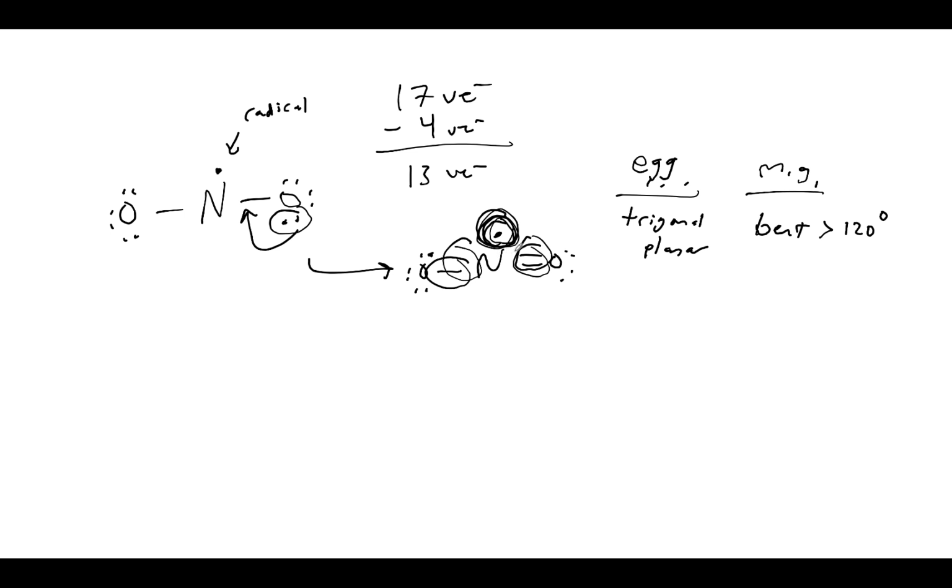What about NO2 plus? Well, if we write out NO2 plus, what we have is a 16 valence electron system. And so we can start again with our skeletal structure, except this time, there's no more radical. So now we can actually take the liberty of making both of these into double bonds and see what happens.